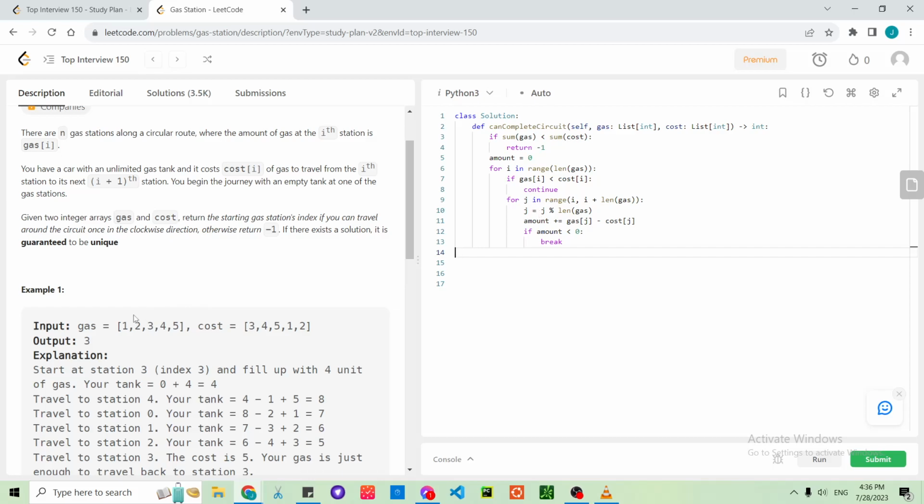when j is, okay, so here i is 3. We're starting at index 3, and j will go all the way for 5, 1, 2, 3. So j will go all the way to i minus 1. So once we reach, if j is equal to i minus 1, and oh wait, one sec, let's see.